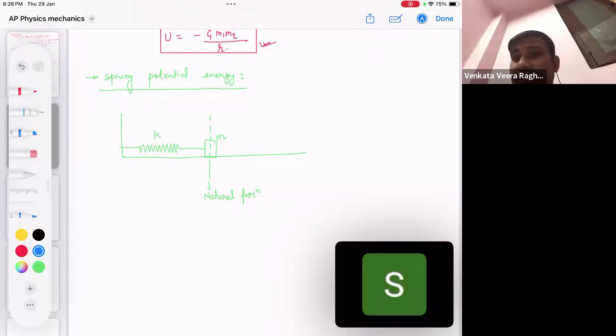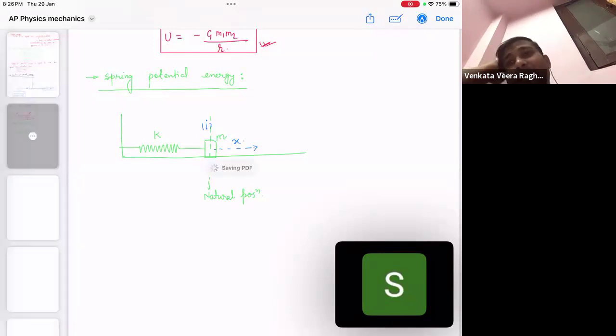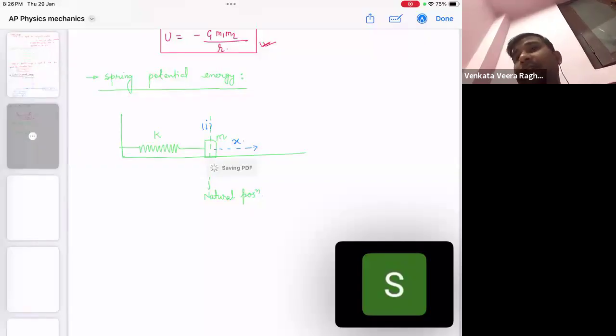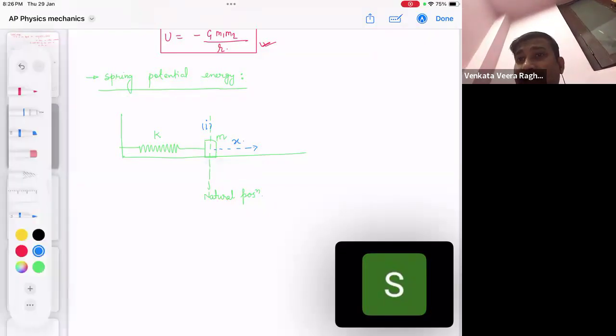Now I am going to extend this spring by some amount x. So this is my initial position, and after elongating by x, that becomes our final position. Again, I want to write the change in potential energy.